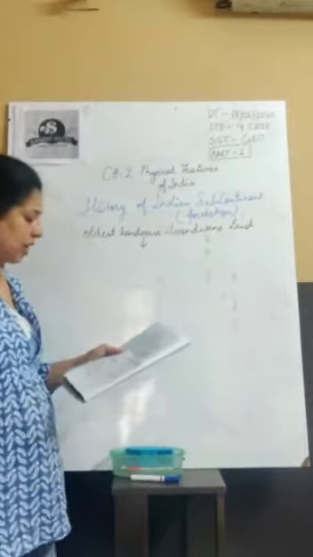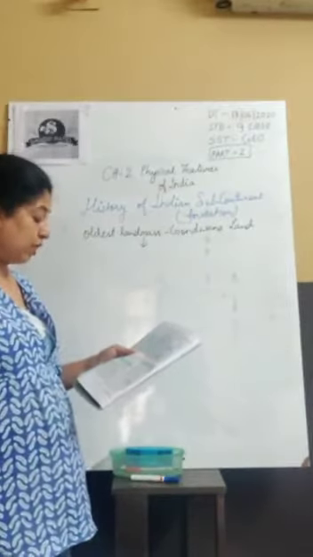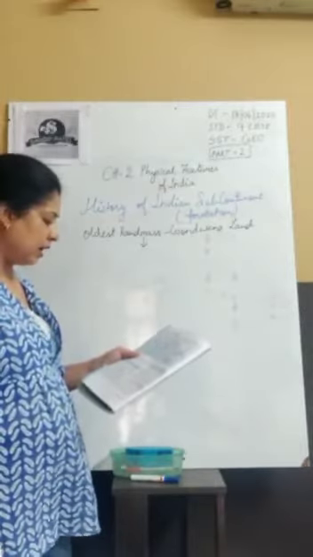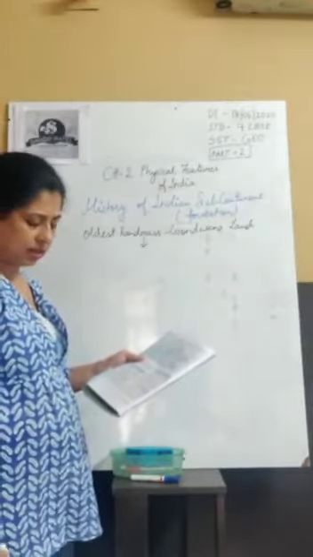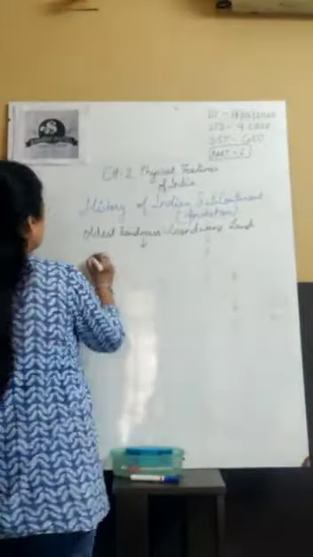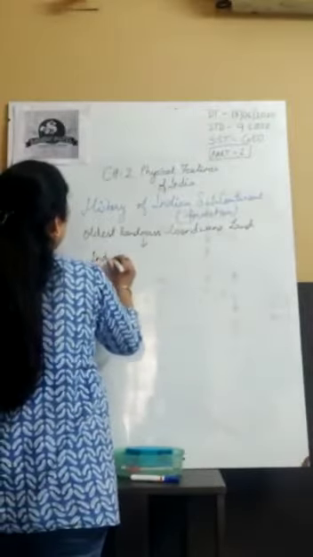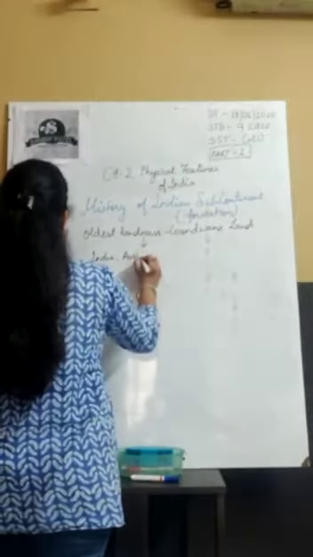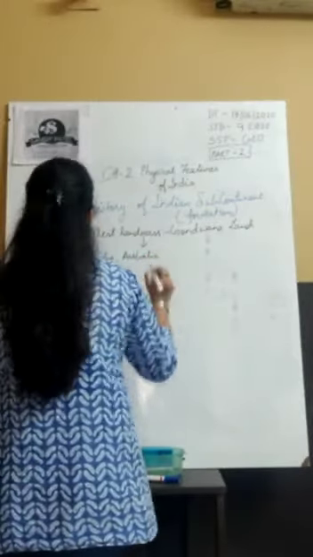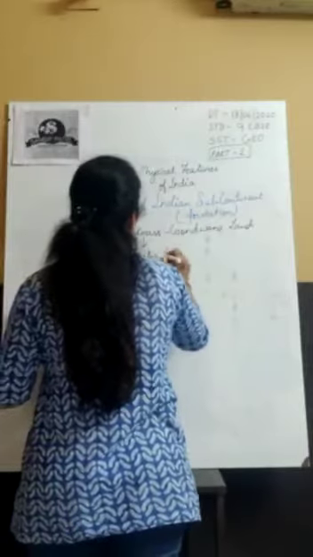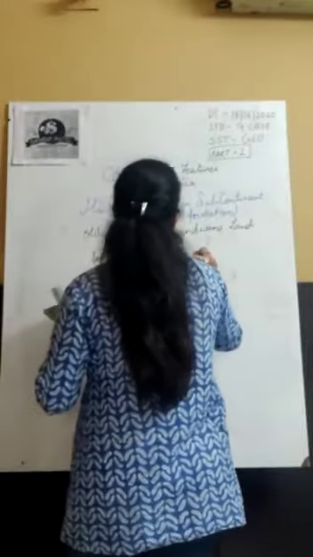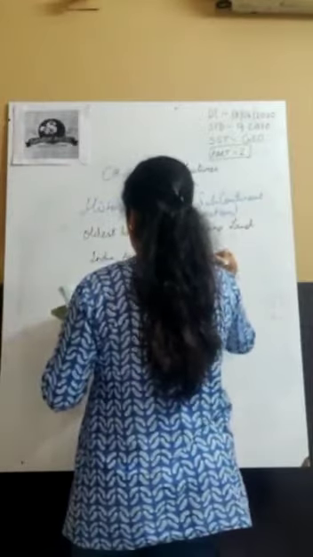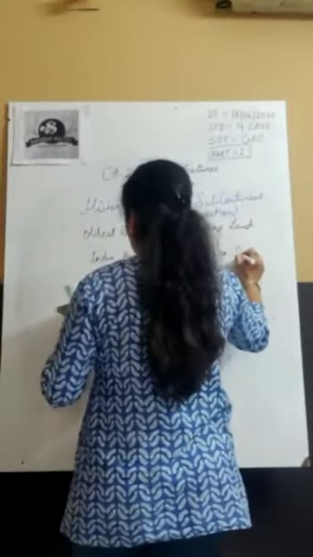Gondwana land includes India, Australia, South Africa, South America, and Antarctica as one single landmass. So it includes not only India, but all these continents which we have today, all these combined earlier were known as Gondwana land.